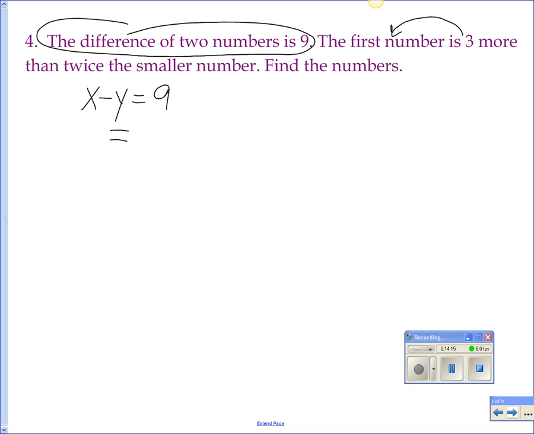Which one should we put, X or Y? X. So I have to put an X here. The first number, we're going to let that be X, and is equals. What does it say after the equals? 3, so I'll put a 3. More than, plus, twice the smaller number. Good, 2y. Okay?